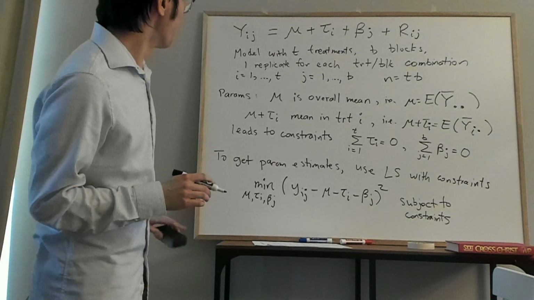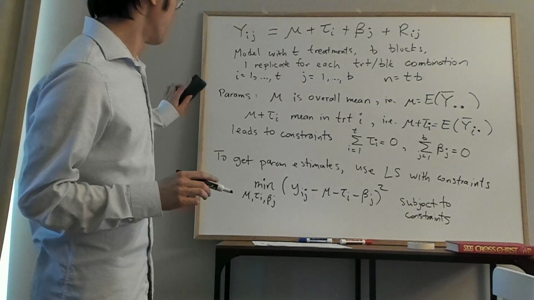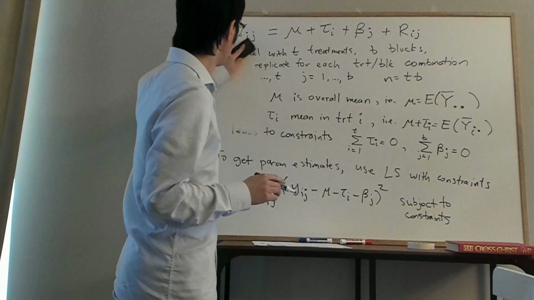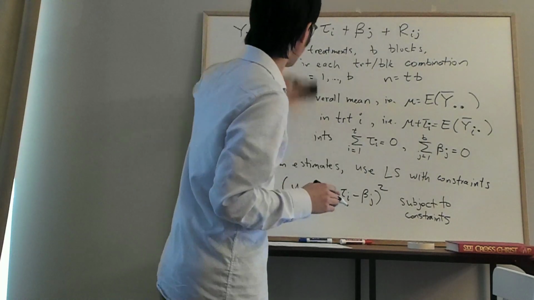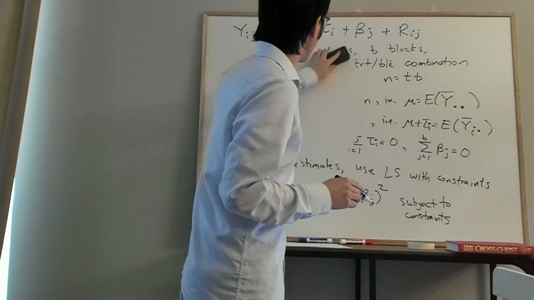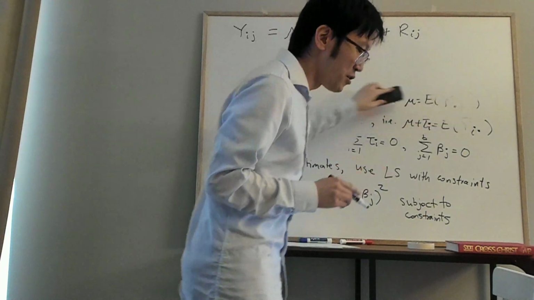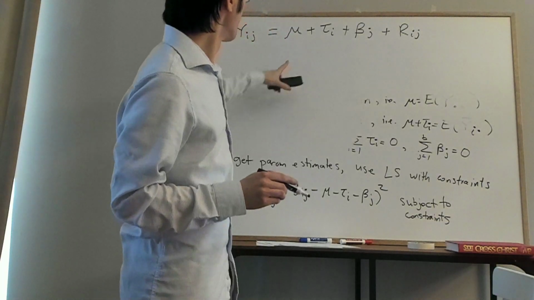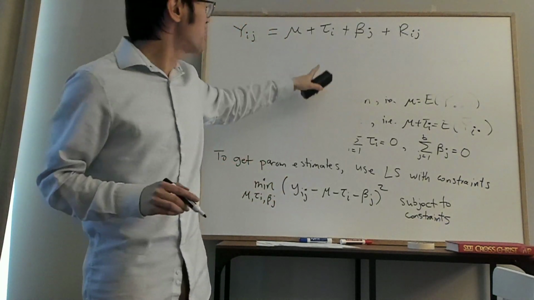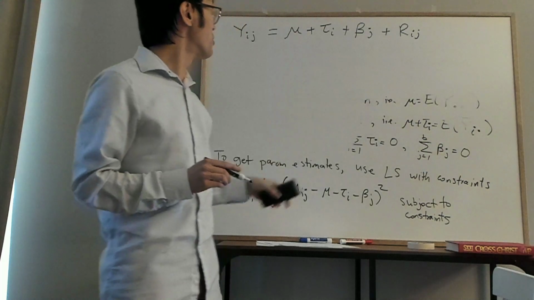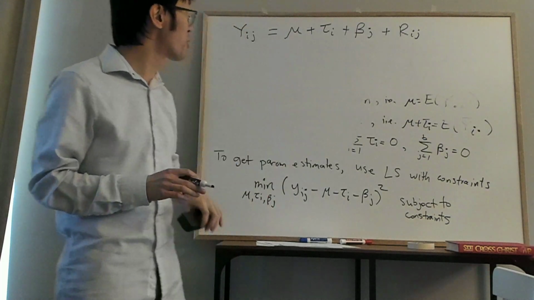Thanks, chat. Okay, so let's write down the estimates. One other thing I want to point out about this model is that one of its limitations is that we're assuming all of these effects are additive. It's built into this model.